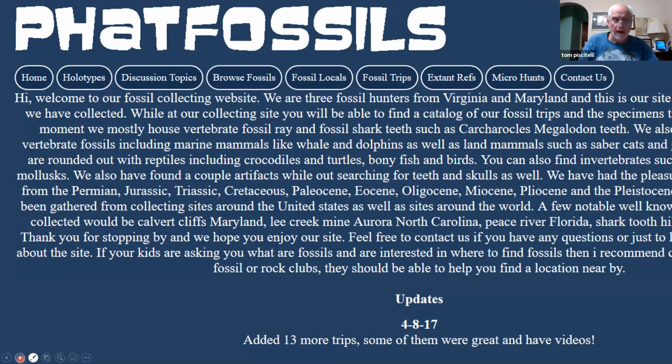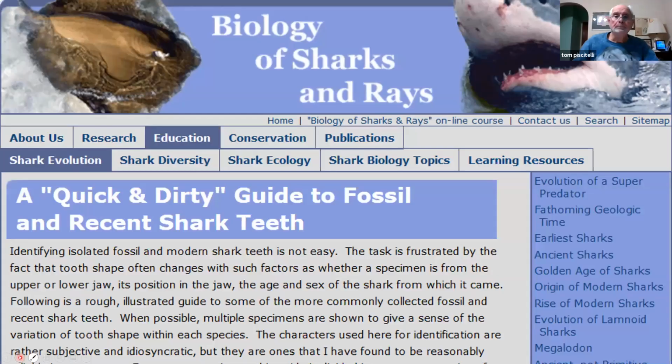Phat Fossils, P-H-A-T fossils.com shows many pictures of shark's teeth. Clicking on the picture will bring up specific information about that tooth. So again, you can go online, type in phatfossils.com, and you have access to their guide, which gives you a lot of information. Next picture, please.